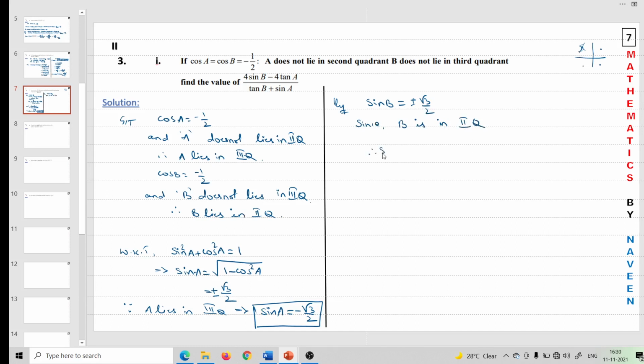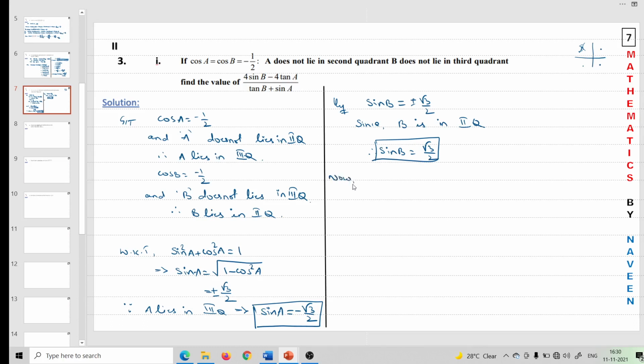So sin B is equal to root 3 by 2. So all the values we have here. What do we have to find? Sin B is there, tan A is not there, tan B is not there, sin A is also there. So first find tan A and tan B values.